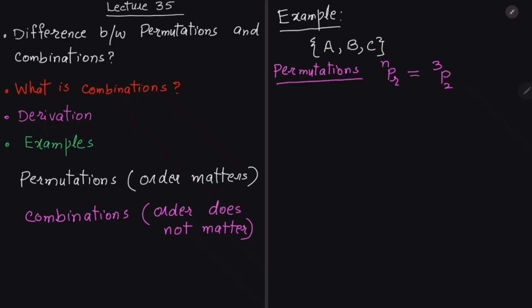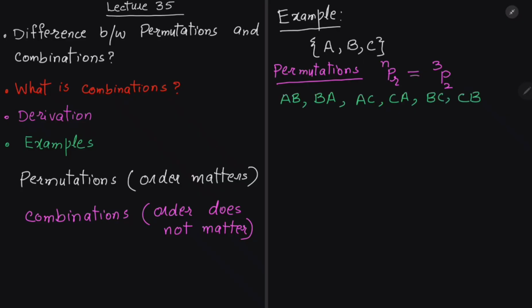So what is permutations in that case? In that case we have AB, BA, AC, CA, BC, and CB.